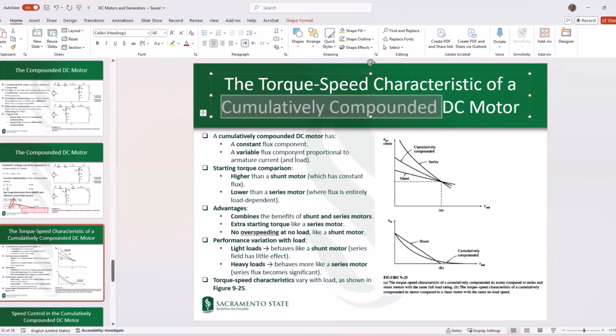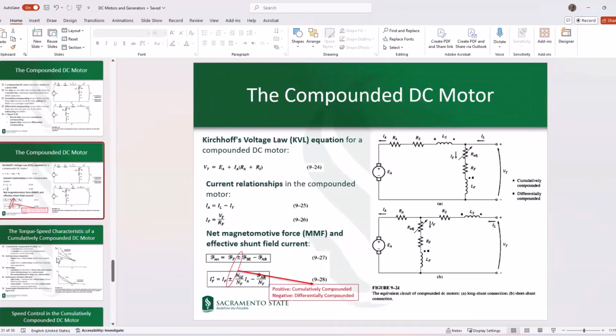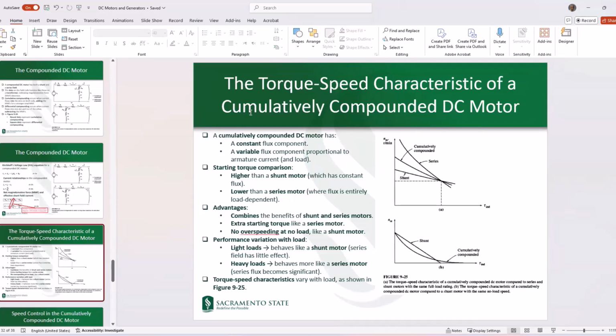There are some cases where, if a motor that is cumulatively compounded as a DC motor is operated as a generator, it becomes differentially compounded. Under those circumstances, we might get some behavior that we do not want.